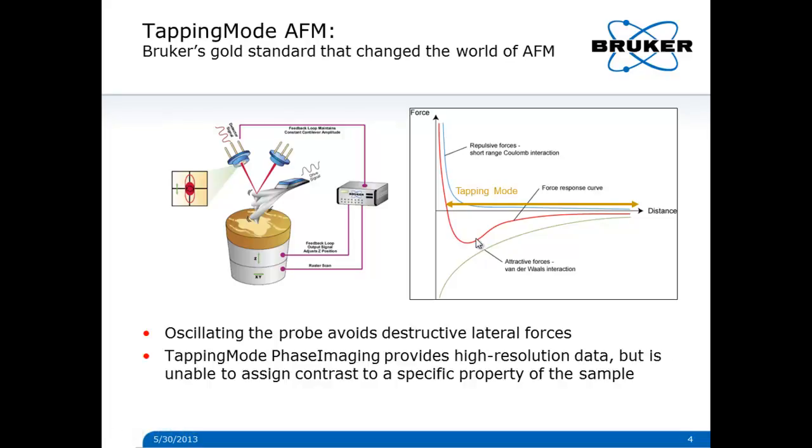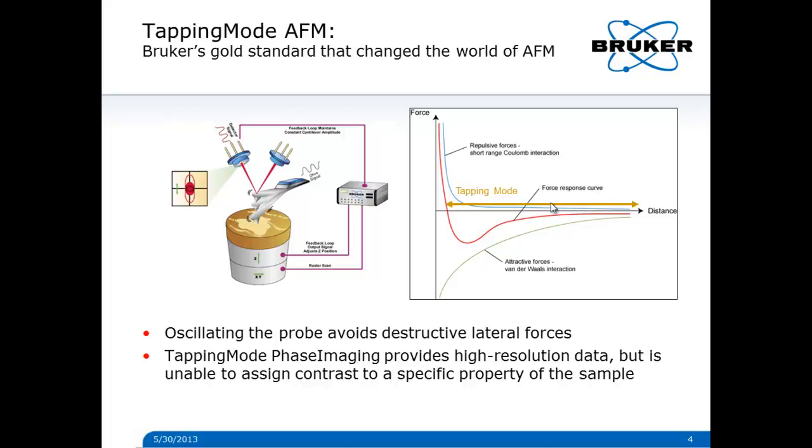The tip is then retracted, and this is all happening at the resonant frequency of the cantilever. The contact time is very small, around tenths of a microsecond or less, so there's no time for lateral forces to build up. It was also quickly discovered when we started doing this mode that the phase of the tapping response contains some information about the material properties of the sample.